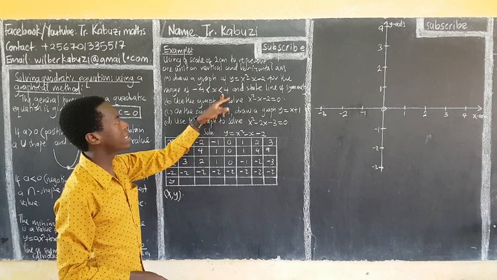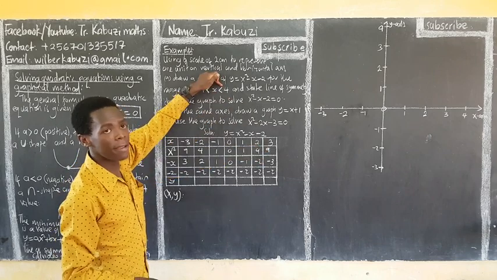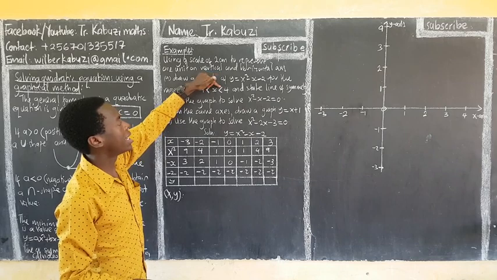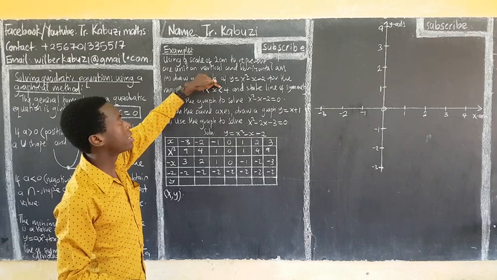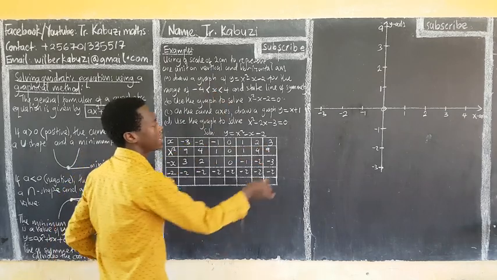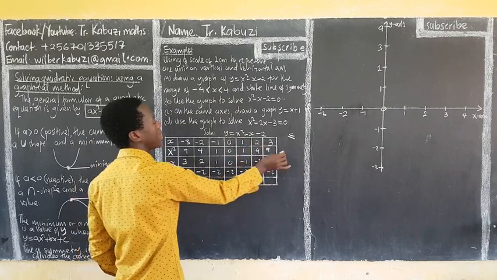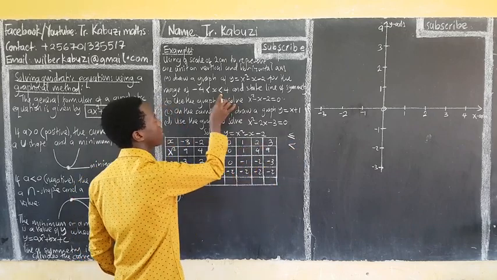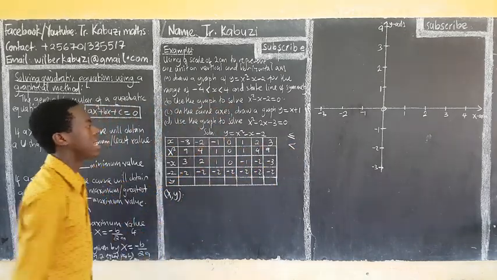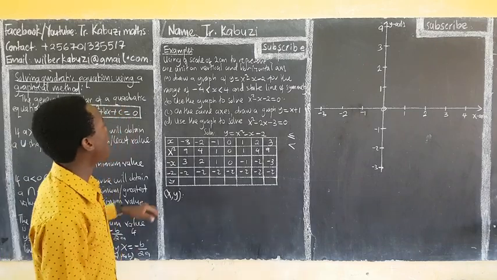And the value of x less than 4 ends at 3, the integer immediately below 4, which is positive 3. That's why I'm ending at positive 3 because of this sign. If it was the other sign, I would have included the 4. That's the difference.